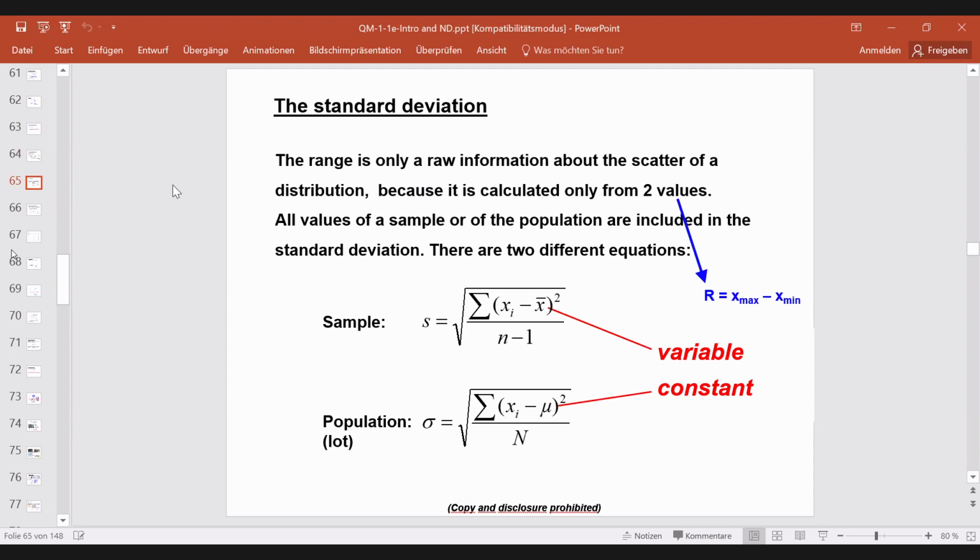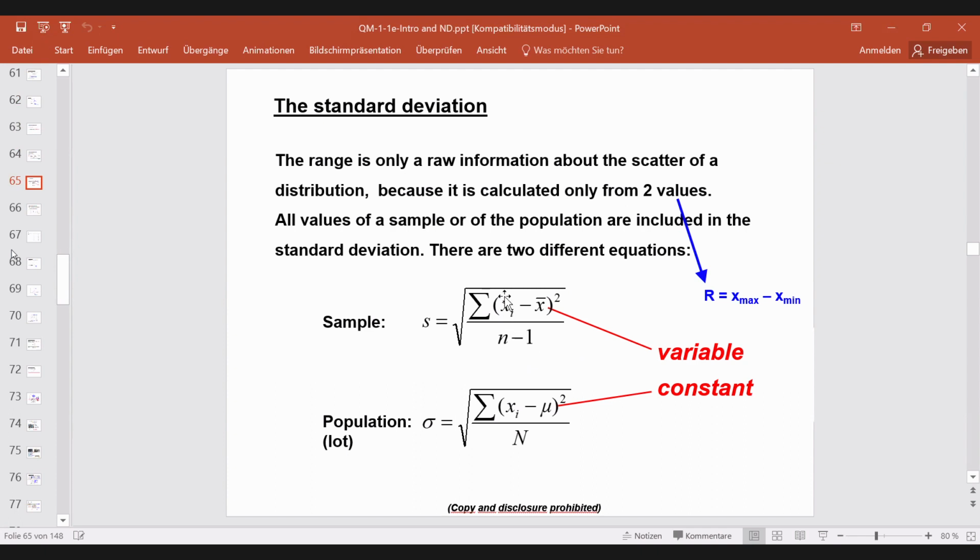The same is true for the standard deviation. A normal distribution has the mean. This is one thing. The other thing is it has the standard deviation. And the standard deviation has two equations. This is the equation for the sample.